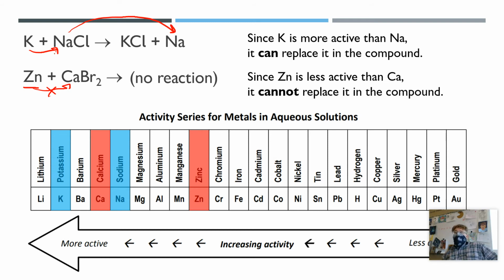Well, if we dropped potassium in salt water, or sodium chloride solution, we're going to get a reaction that takes place. If we dropped zinc metal into calcium bromide solution, we're going to get no reaction. So this series tells us if we're going to get a reaction based on mixing a metal with a certain solution.